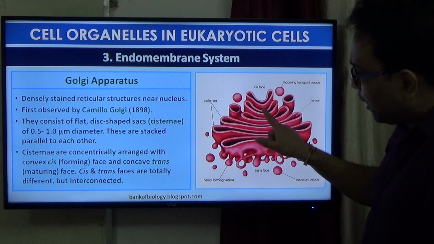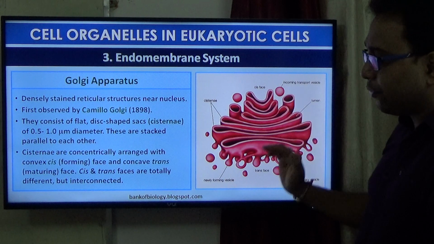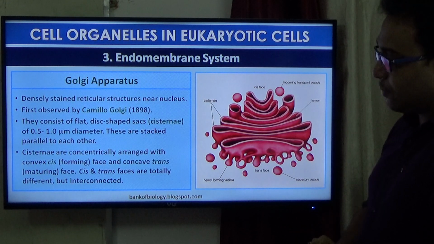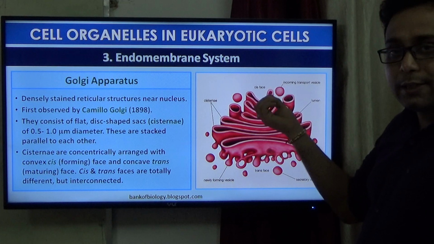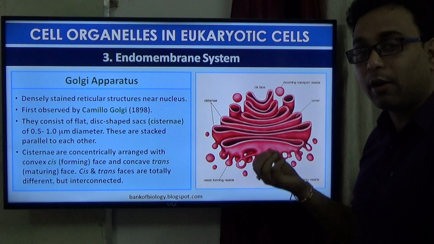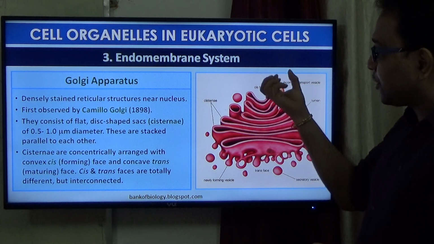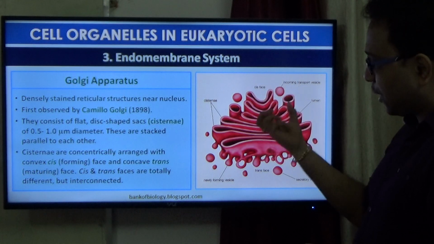The cisternae are concentrically arranged with a convex and a concave face. Convex means the cis or forming face. When the endoplasmic reticulum forms proteins, the vesicles are received here, so that is called the forming or cis face.